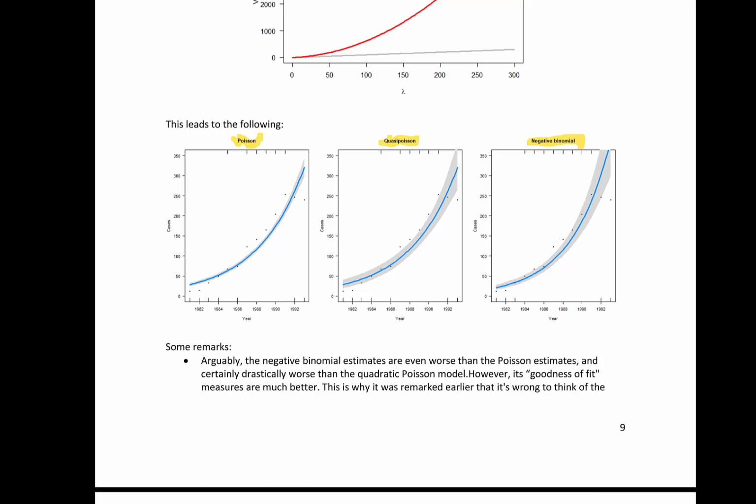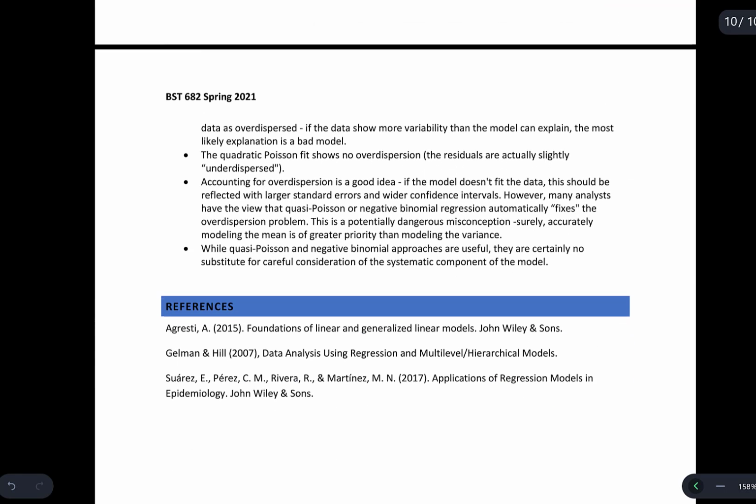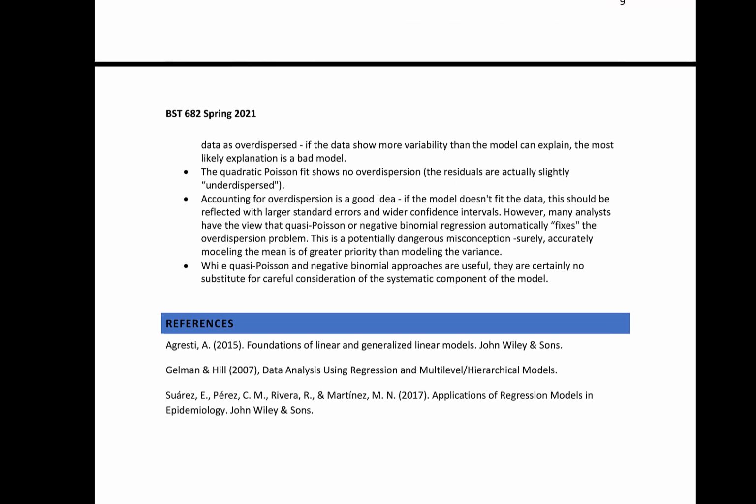In this case, neither of these is a perfect solution, so we don't want to think that this is a magic fix we should always use. We want to think critically about what we're doing, always looking at our plots, and really making sure that the trade-off is an appropriate one. And while quasi-Poisson and negative binomial approaches are useful, they are certainly no substitute for careful consideration of the systematic component of the model.